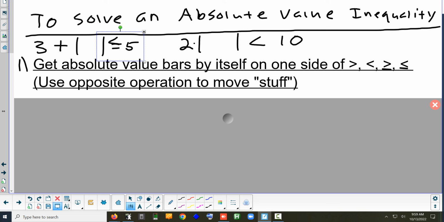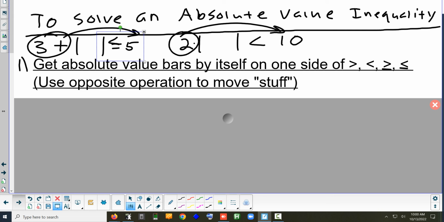This time you wouldn't divide by 3. Minus 3. You'd minus 3. And then you'd have just the bars on the left, and there'd be something inside them. But the 3 would go to the other side. Right? So we just use the opposite operation to move anything that's outside the bars to the other side.